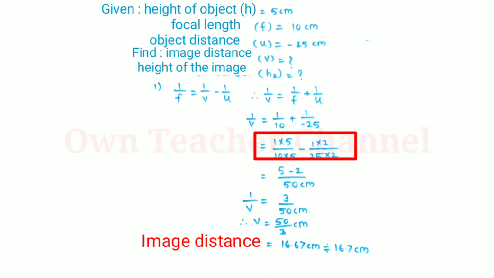So here our denominator is equal, that means 50 centimeter. 5 minus 2 upon 50 centimeter. After subtraction we get answer 3 upon 50 centimeter. After division, image distance is 16.67 centimeter. That means near about 16.7 centimeter.